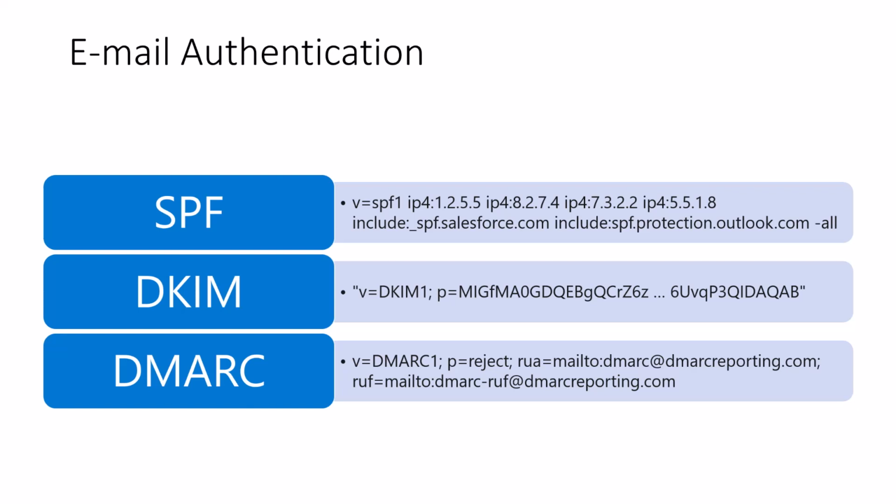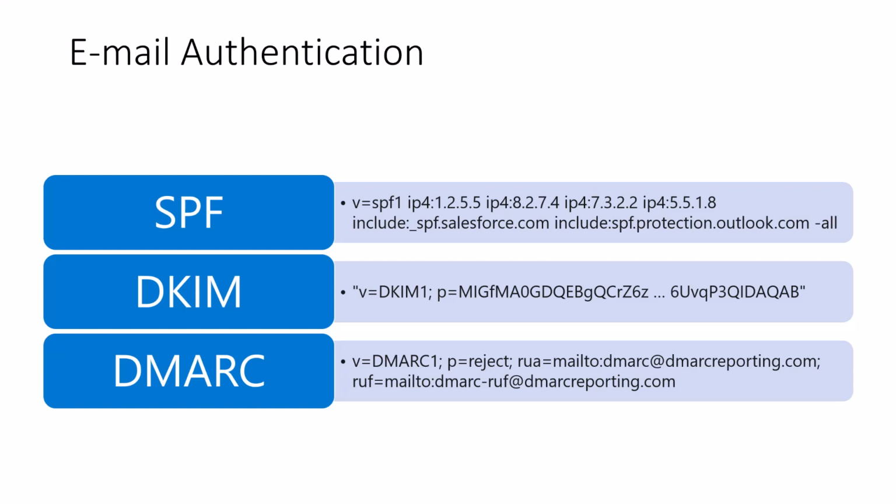The SPF record will include all the email IP addresses and all the domains or servers that are allowed to send email on behalf of your email domain. Thereby, it's also including, like in this example, protection.outlook.com, which is Microsoft 365.